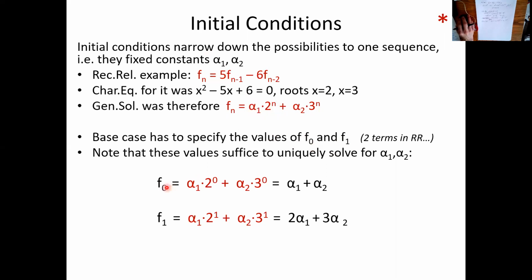Why is that? Look, if Fn describes any element of the sequence, then plug in n equals 0, and that should compute F0. So F0 would be alpha 1 times 2 to the 0 plus alpha 2 times 3 to the 0. But these things are just 1, so this is simply alpha 1 plus alpha 2.